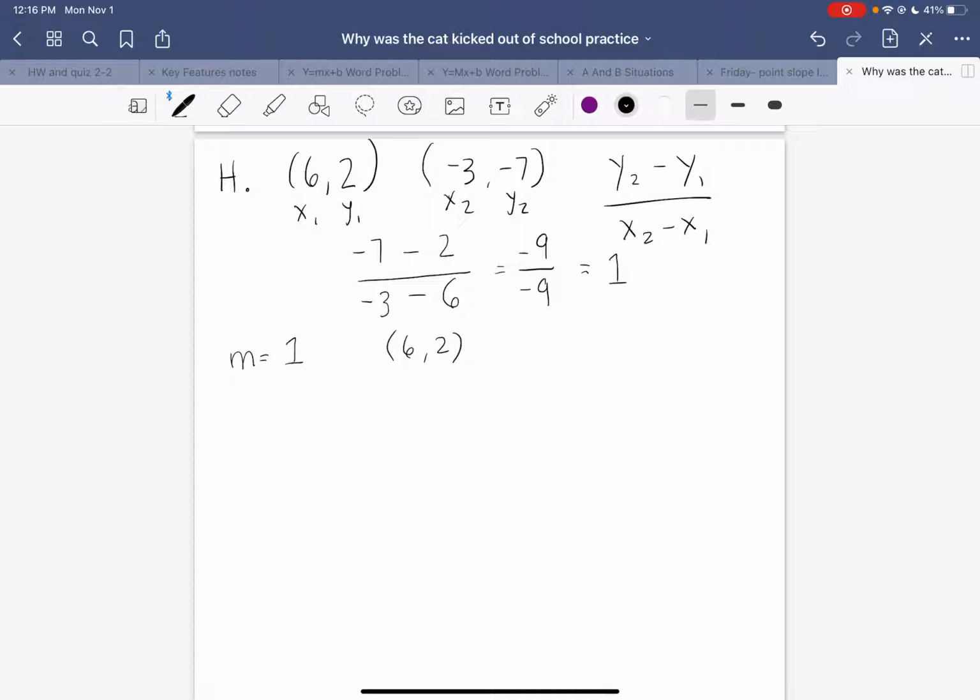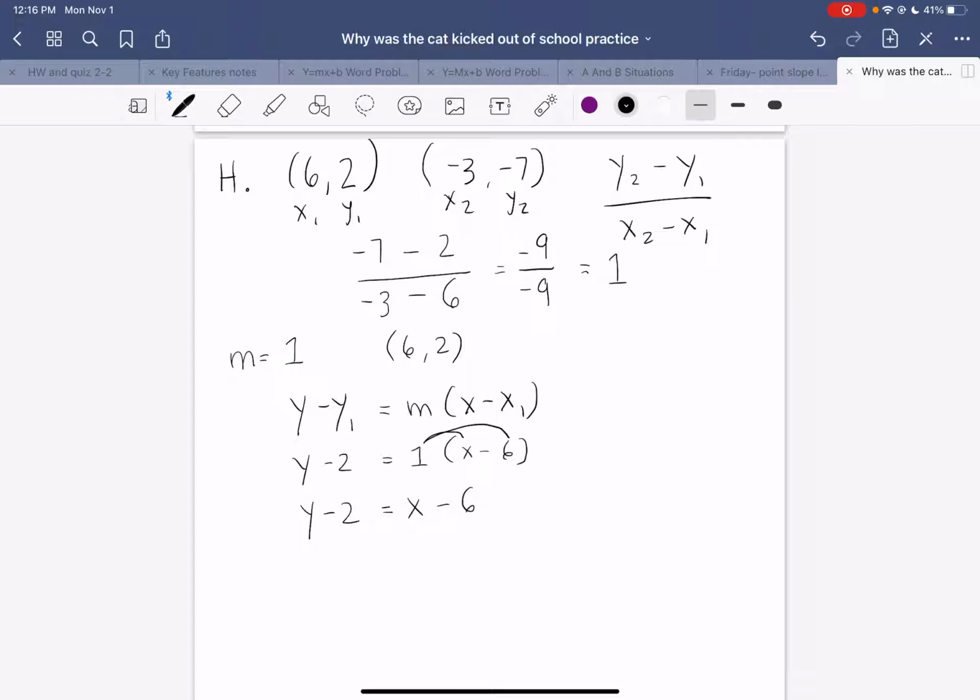It doesn't matter, and once we go into our y minus y1 is equal to m parentheses x minus x1. So now we just substitute. So I would say y minus 2 is equal to 1 parentheses x minus 6. We're then going to distribute the 1. So now we have y minus 2 is equal to x minus 6.